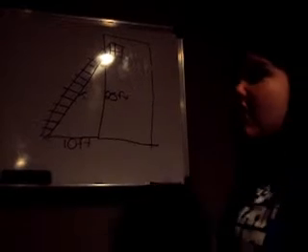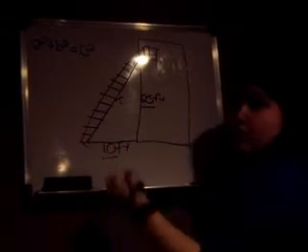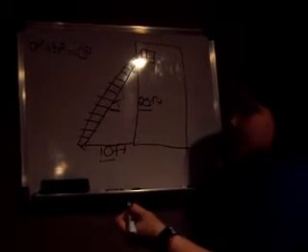Since this is the right triangle, we can use the Pythagorean theorem, which is a squared plus b squared equals c squared. A squared plus b squared is going to equal leg 1 and leg 2. C squared is going to equal x over here, which is the hypotenuse, which we don't know.